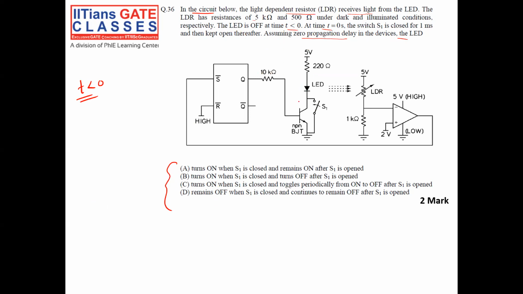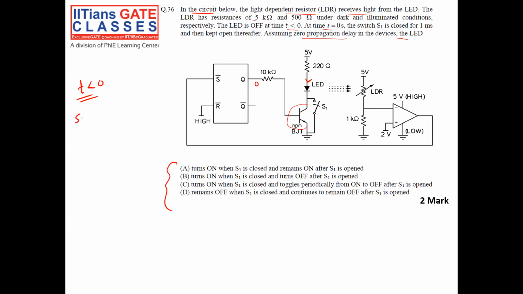LED off means there is no current flowing through the diode. When there is no current flowing through the diode, my NPN BJT also should be off. So when the NPN is off, Q also should be 0.